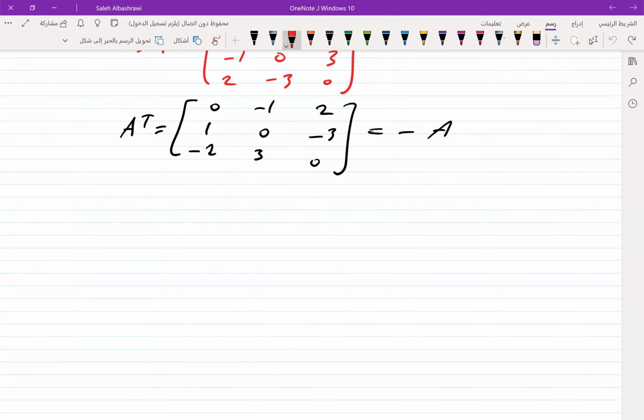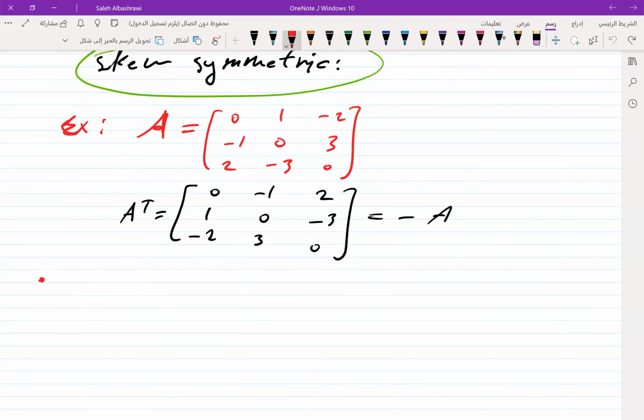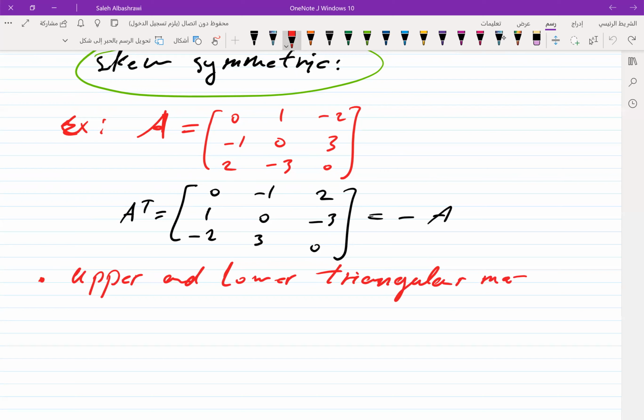Now next point will be upper and lower triangular matrices.